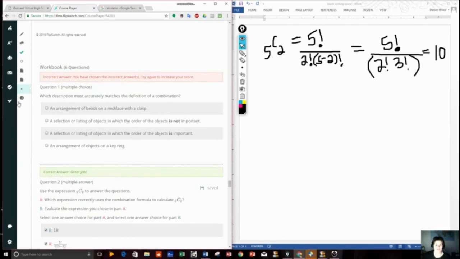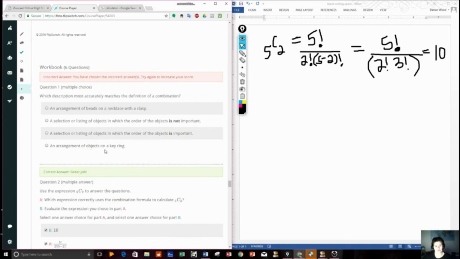And then question 1, which description most accurately matches the definition of the combination? An arrangement of beads on a necklace with a clasp. That's a linear, so, and does the order of that matter? Yes. A selection or listing of objects in which the order of the objects is not important, or a selection or listing of objects in which the order of the objects is important.